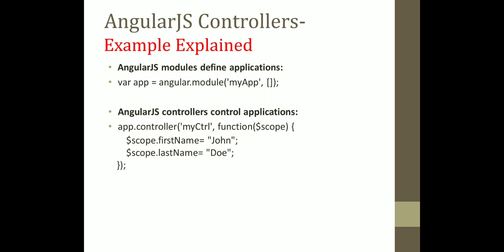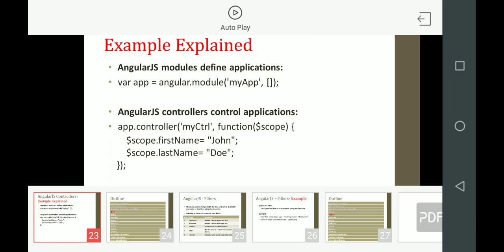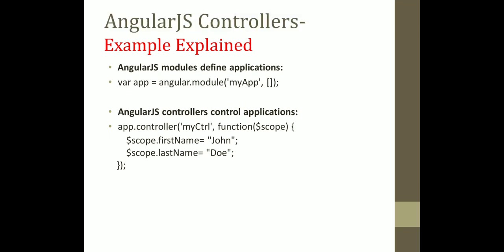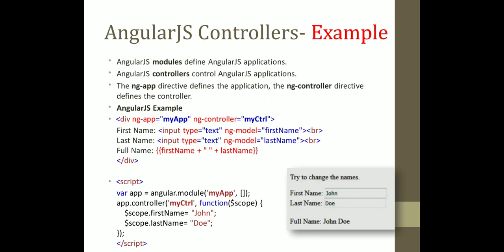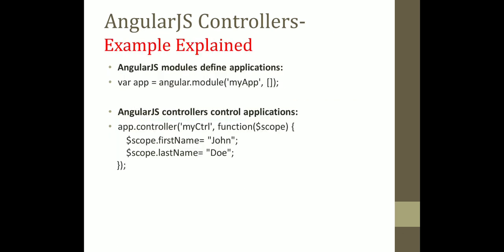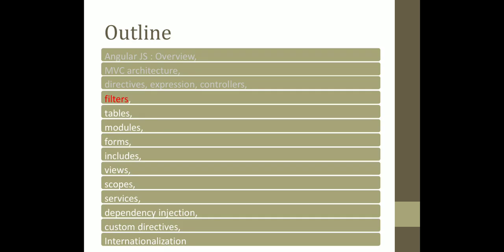The variables that I used with the scope parameter, scope dot first name, are calling the variables that are already defined with ng model, which we used in the first part of the code.